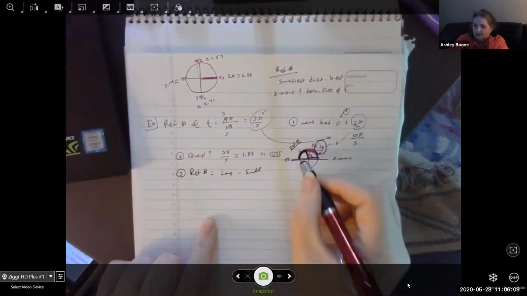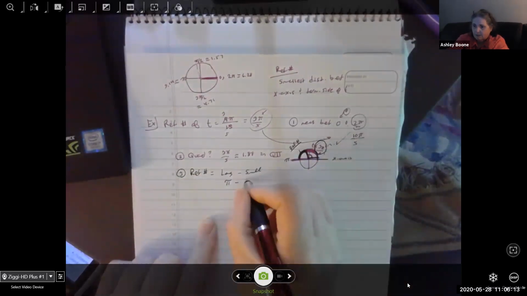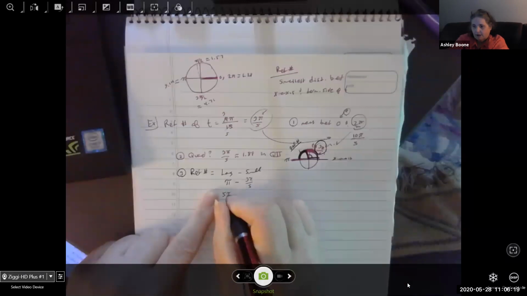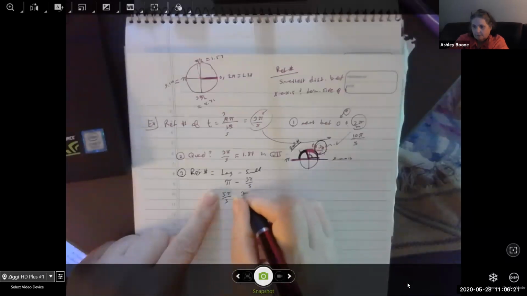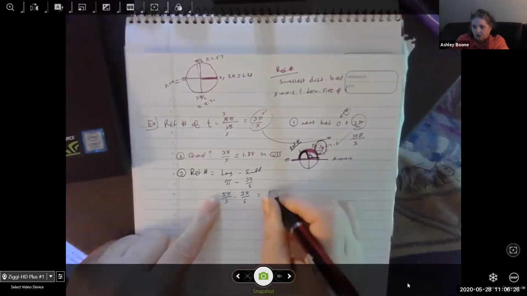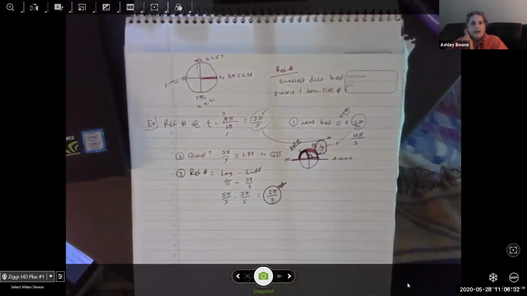Pi is the largest distance, minus that smaller distance of 3 pi over 5. Pi as a fraction with 5 can be written as 5 pi over 5. 5 pi minus 3 pi is 2 pi, so that's 2 pi over 5. There's your reference number, okay?